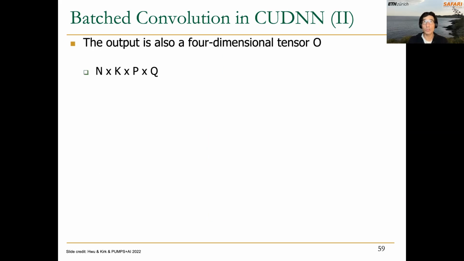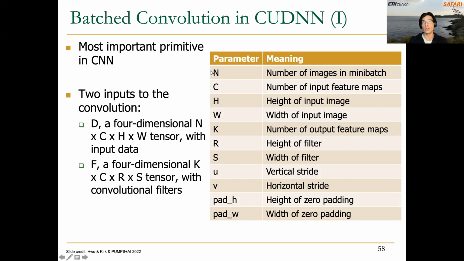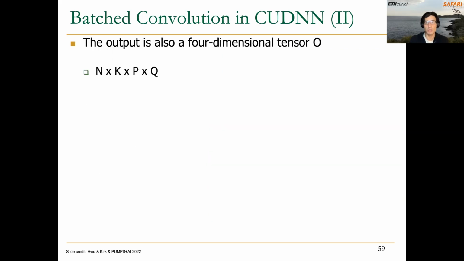So the output is also going to be a 4-dimensional tensor that is called O, and the dimensions of this tensor are N by K by P by Q, being N the number of images in the mini batch and K the number of output feature maps. So for each image, we have several output feature maps, and in total we have N images.